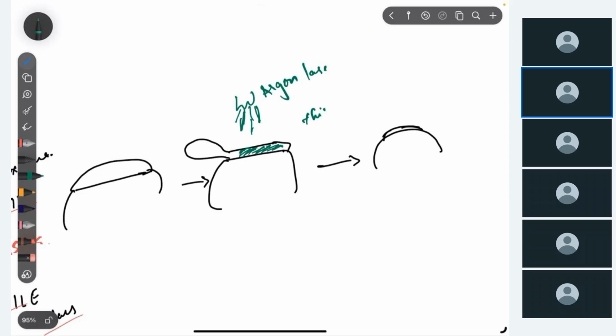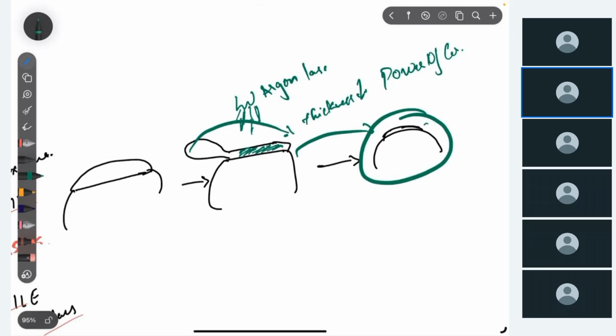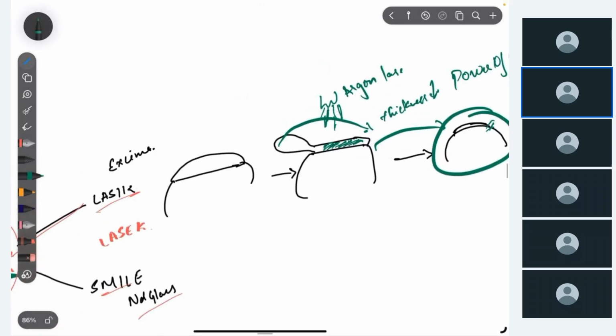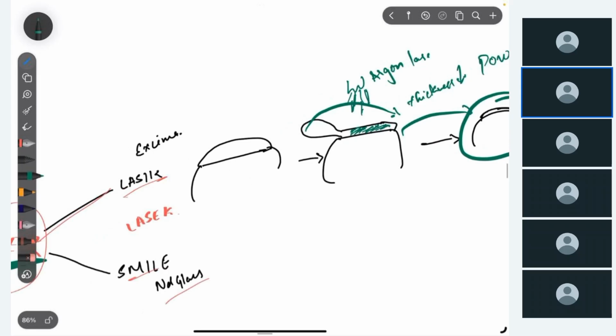When the thickness of the cornea is reduced, the power of the cornea is reduced. And you again reposition this flap. This is the modality of treatment of myopia. You understand? The full form of LASIK is laser assisted in situ keratomileusis.